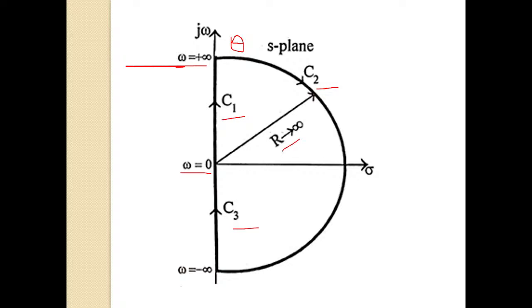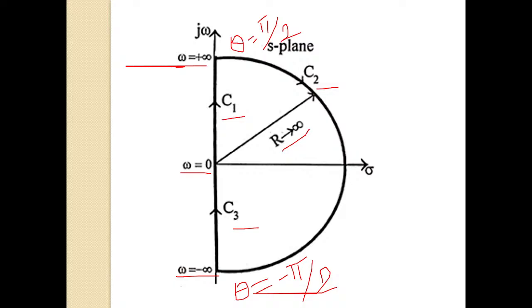The radius of this arc is r tends to infinity, and theta will vary from plus pi by 2 to minus pi by 2 for C2 arc. Whereas for C3, omega varies from minus infinity to 0.